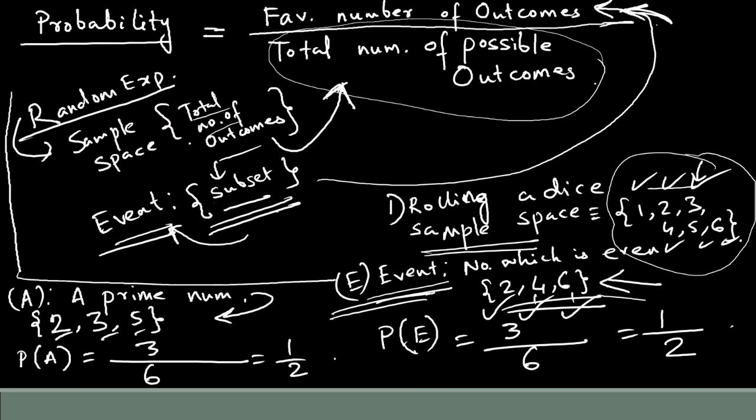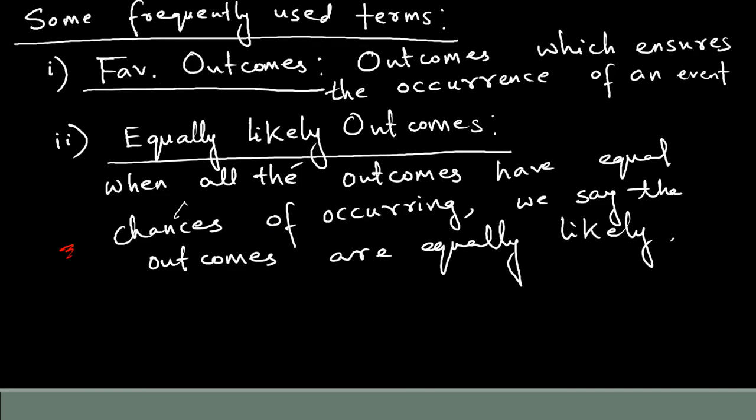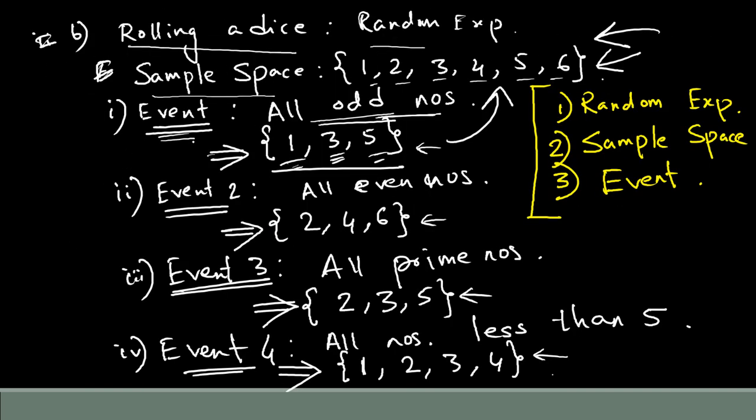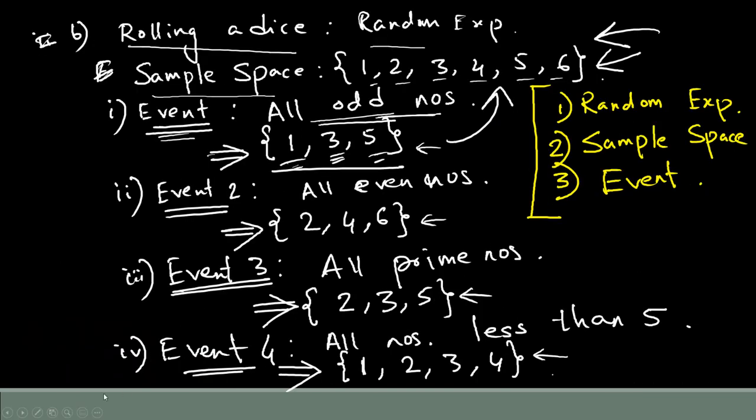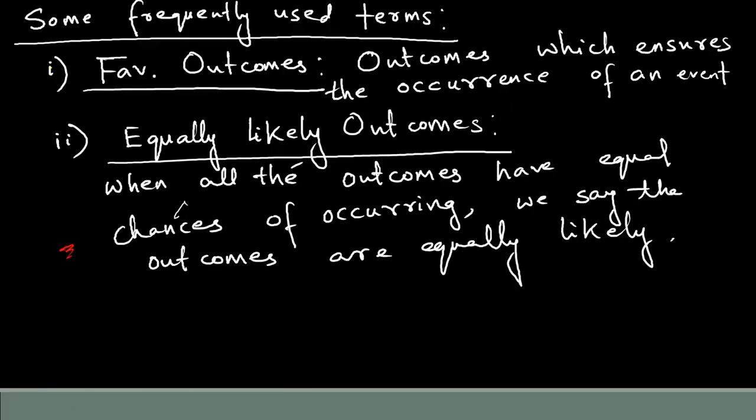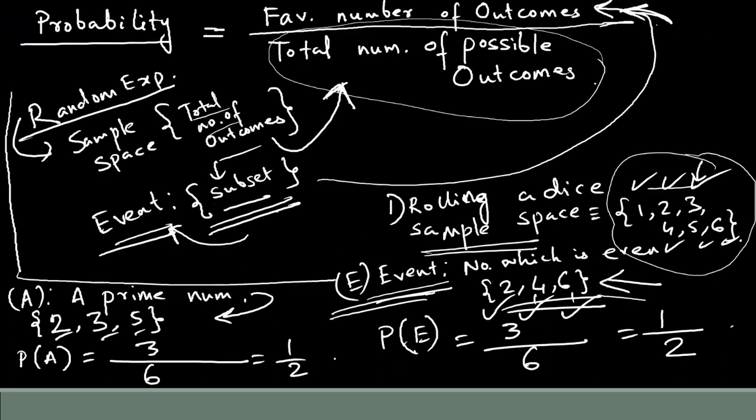Some frequently used terms. So we did three concepts here, and then we learned some frequently used terms, two of them: one is favorable outcomes, and number two is equally likely outcomes.